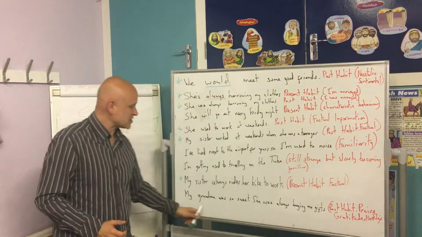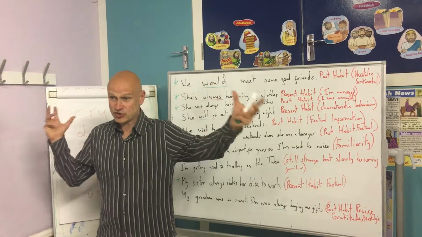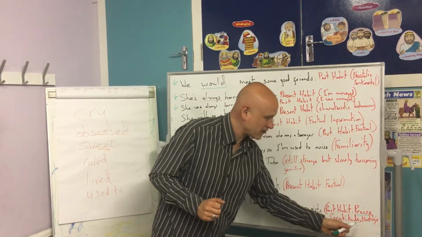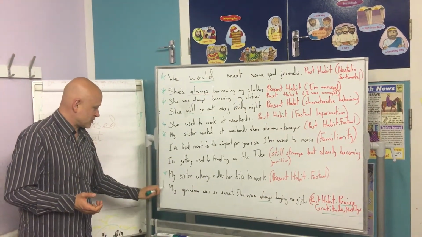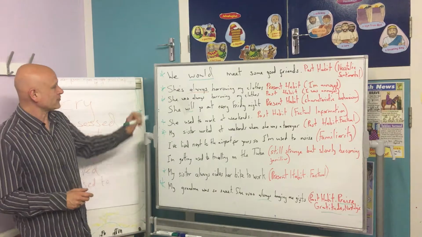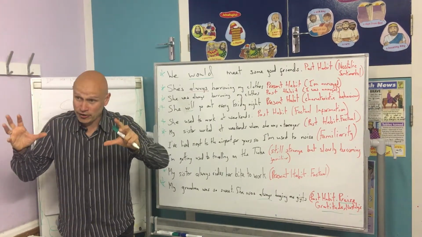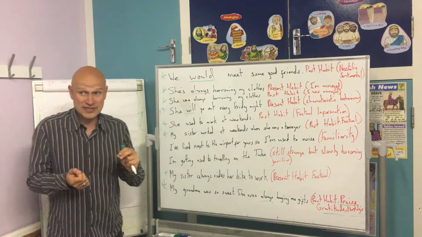Past habit, this is using a continuous form, with always or never, those extremes. And here, we're really happy, we're praising her, we're thankful, we're feeling nostalgic. So, that's that one done as well. So, present and past habit, we've suddenly learned a lot of new ways of expressing present and past habit.